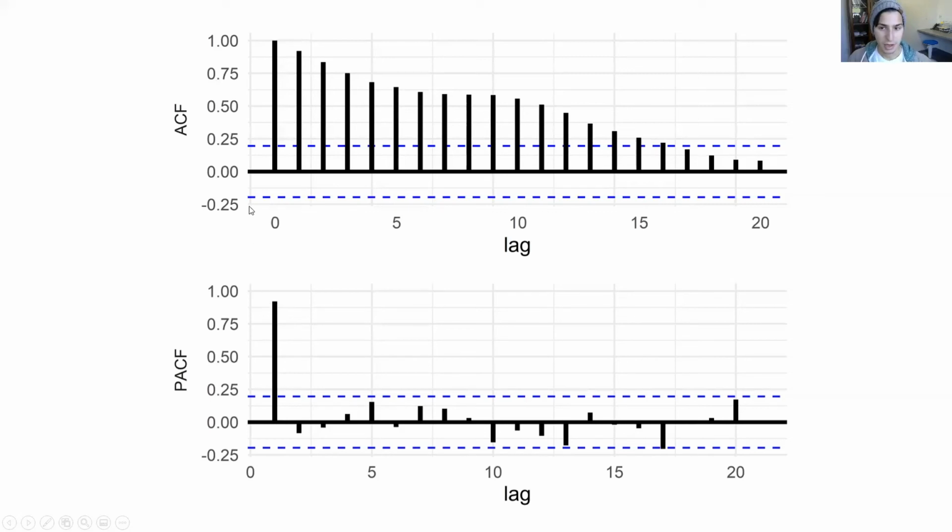The blue lines here, by the way, are the confidence interval for the correlation between two white noise time series. So things that fall outside of those lines are what we consider significant correlations. There's clearly temporal autocorrelation here. Knowing the residual at one time step tells me a lot about the residual in the next time step. And this is something that we'll look at one method of dealing with in tomorrow's lab.